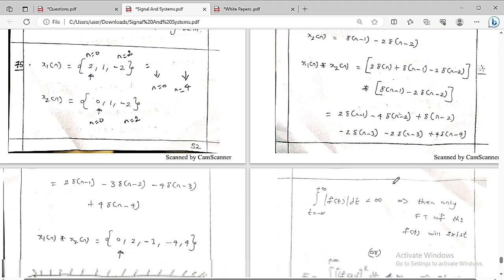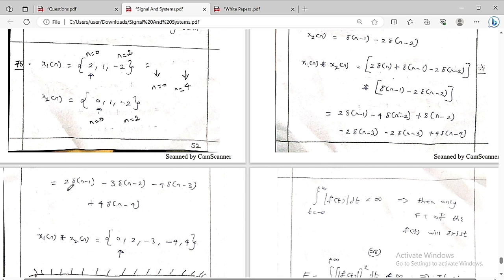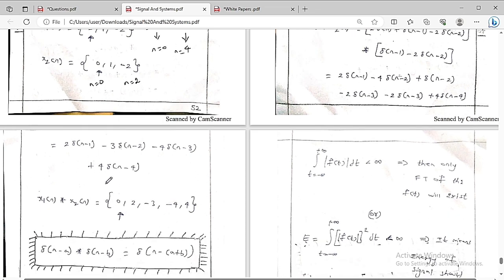So if we simplify, we are going to get finally 2 delta of n minus 1, then minus 4 plus 1, which is minus 3 delta of n minus 2. Here minus 2 minus 2 is minus 4, so minus 4 delta of n minus 3 plus 4 delta of n minus 4. So here 0 comma 2 comma minus 3 comma minus 4 comma plus 4. So this is the resultant signal that we are going to get.